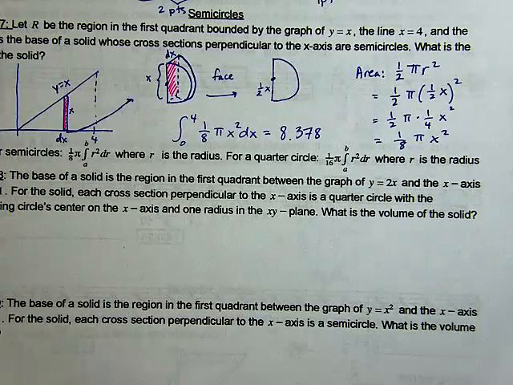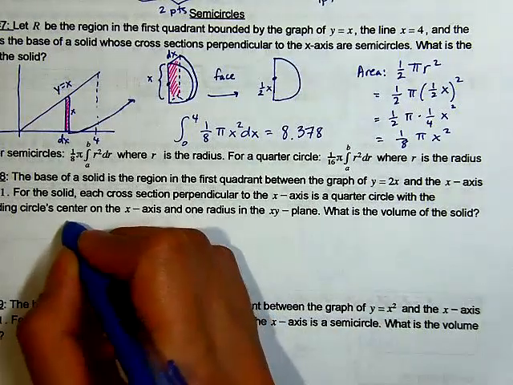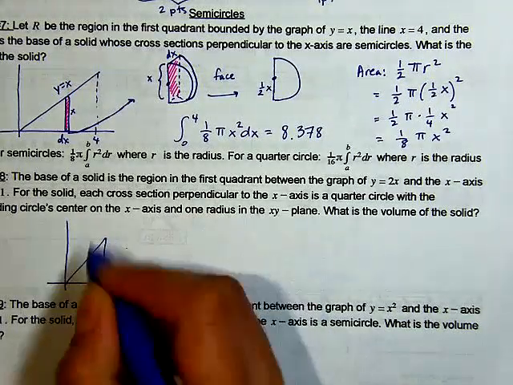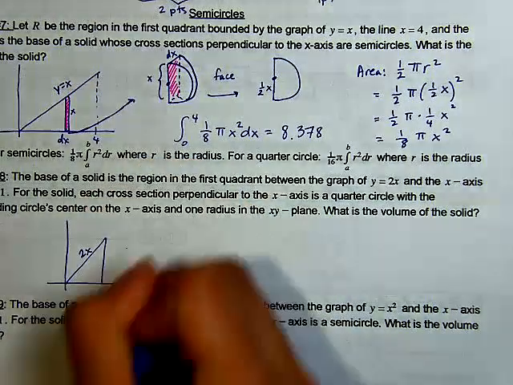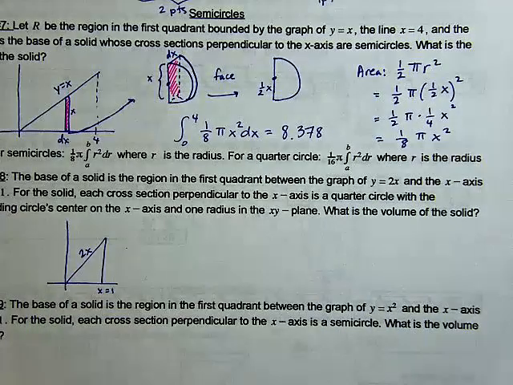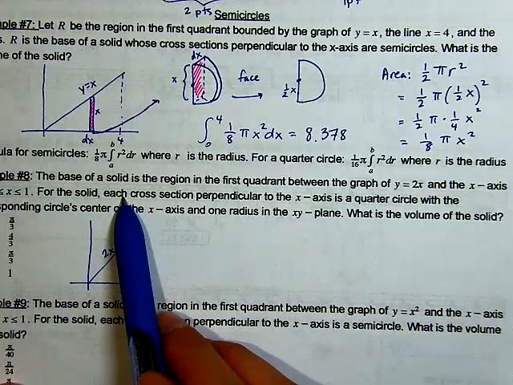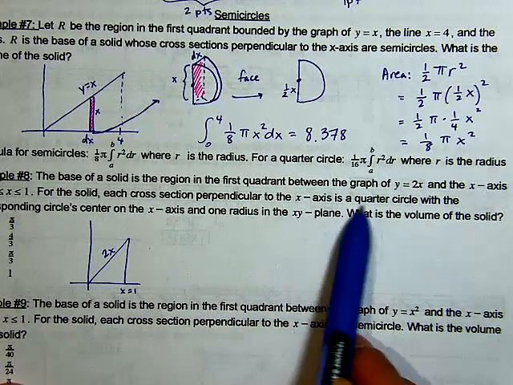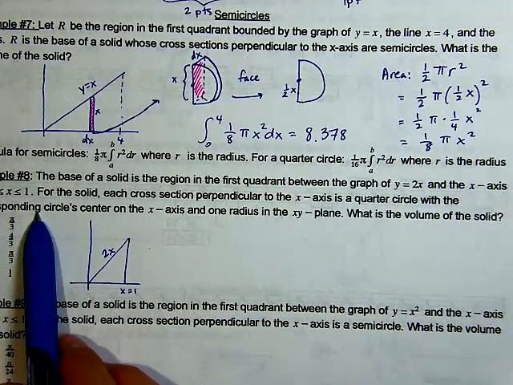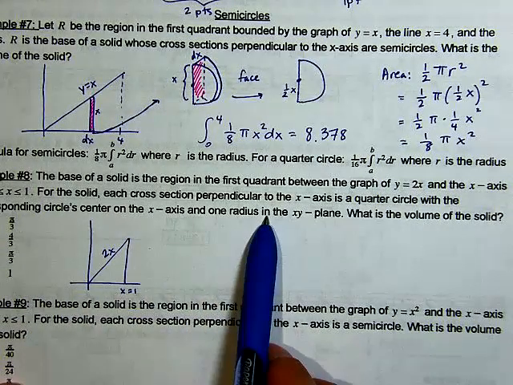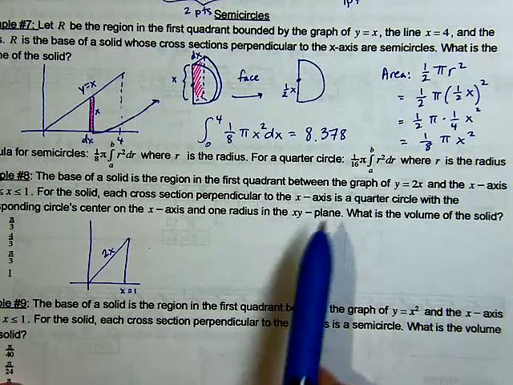Okay, let's do one example together. So this time we have y equals 2x, the x-axis, and x from 0 to 1. So this is the region that I'm looking at. The solid, each cross-section perpendicular to the x-axis is a quarter circle with the corresponding circle center on the x-axis and one radius in the xy plane.